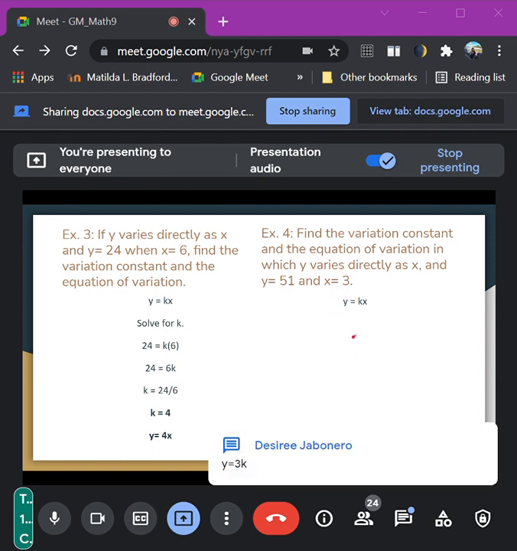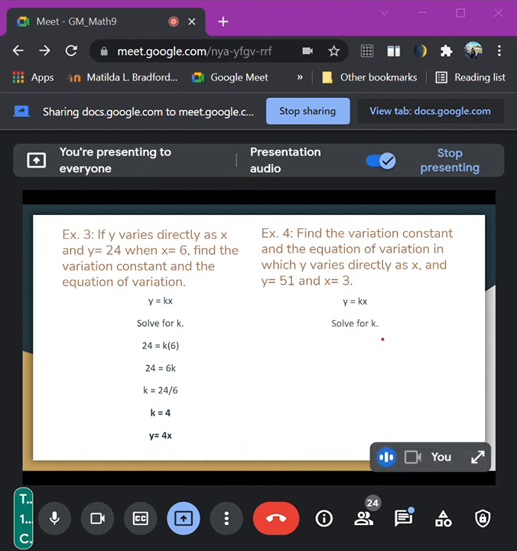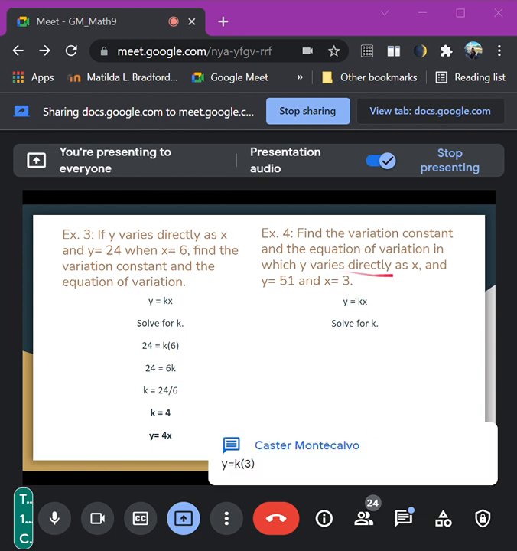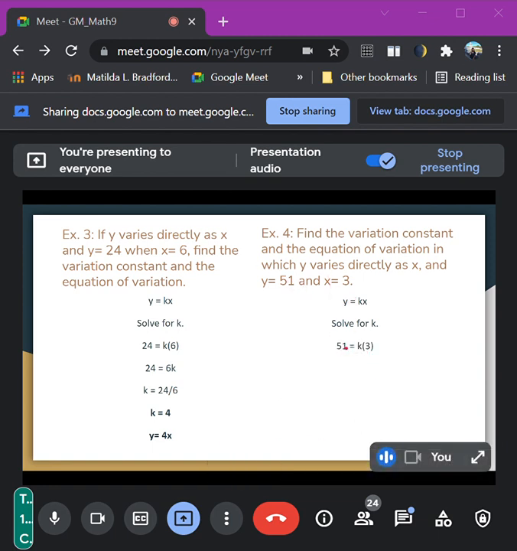Okay. Now, this time, we are going to solve for our k. So, using this equation, we substitute the given here. You have there your y is equals to 51 and then your x is equals to 3.